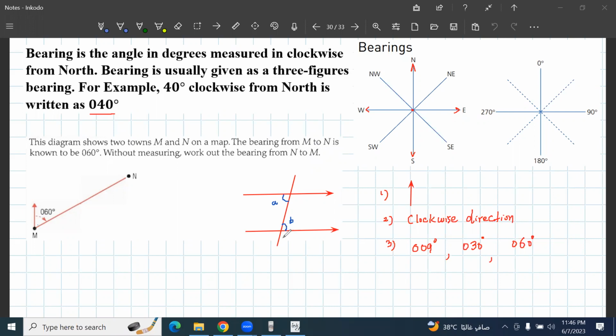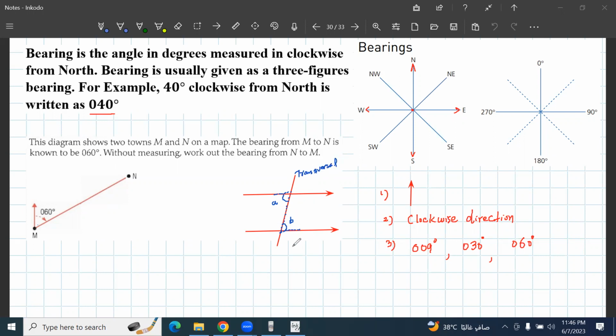So three things to recognize alternate angles: it makes a Z shape, both are interior or both are exterior angles, and both angles are on opposite sides of the transversal.